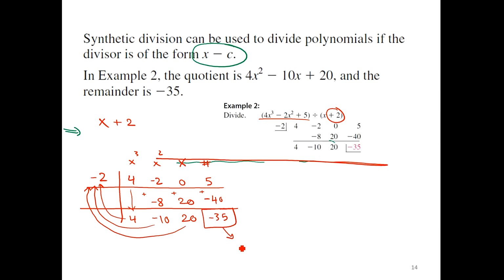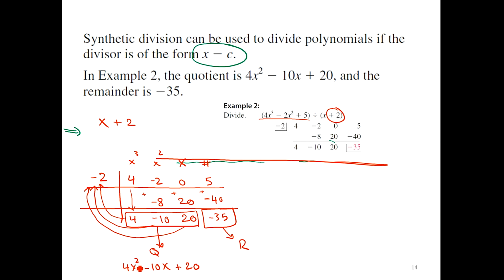This is the remainder r, and this is the coefficient q. The q equals 4x squared minus 10x plus 20.